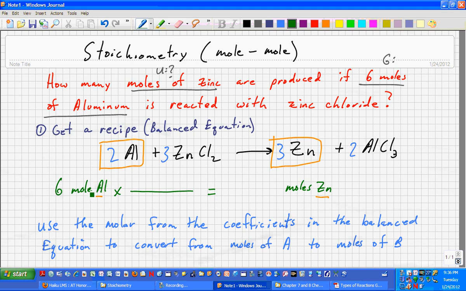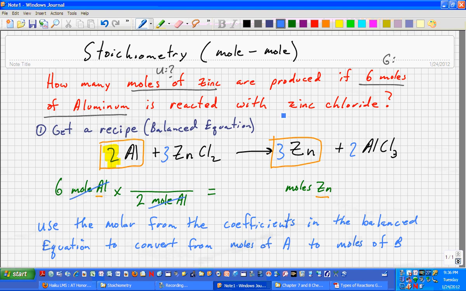So I need moles of aluminum to cancel. So what I've got is 2 moles of aluminum, and that comes from my coefficient right here. So that'll allow me to cancel out my moles of aluminum.